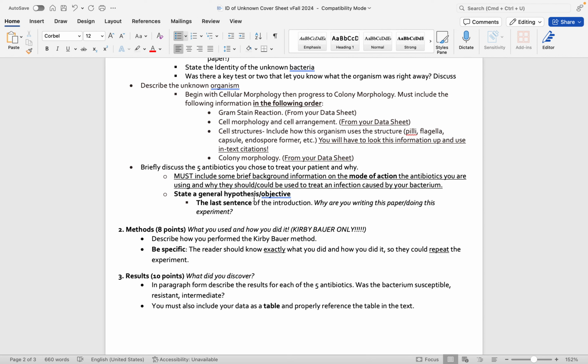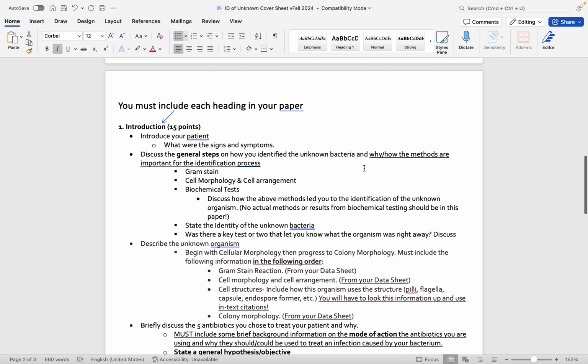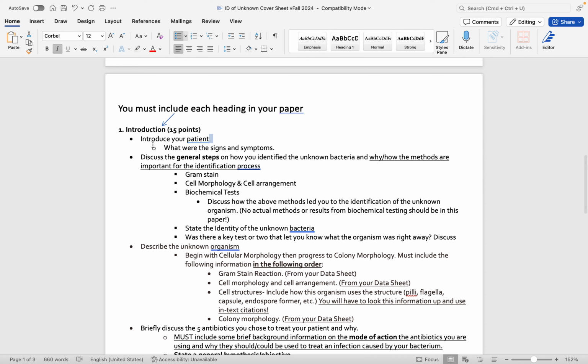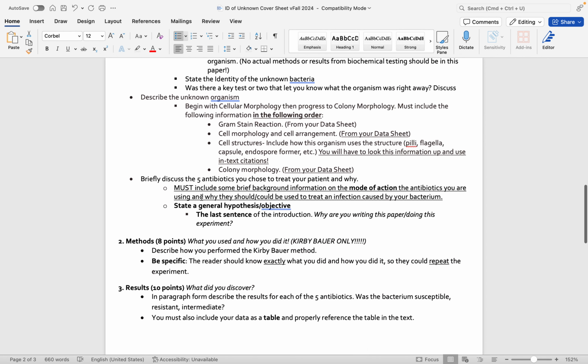So that might be something like you hypothesize that the penicillins will be effective in treating your patient or something. The last sentence of your introduction should explain, why are you writing this paper or doing this experiment? Remember, the whole goal of this paper is to figure out how to save your patient, right? So keep that in mind.